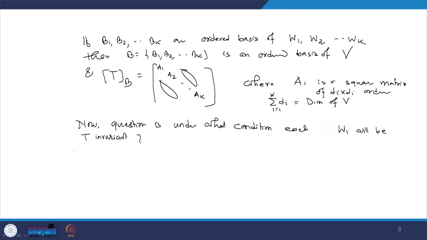Now, to answer this question, since in most places in this course I will consider projection operators, instead of T1, T2, Tk, I will consider E1, E2, Ek type. So, to answer this question, I am considering this problem.